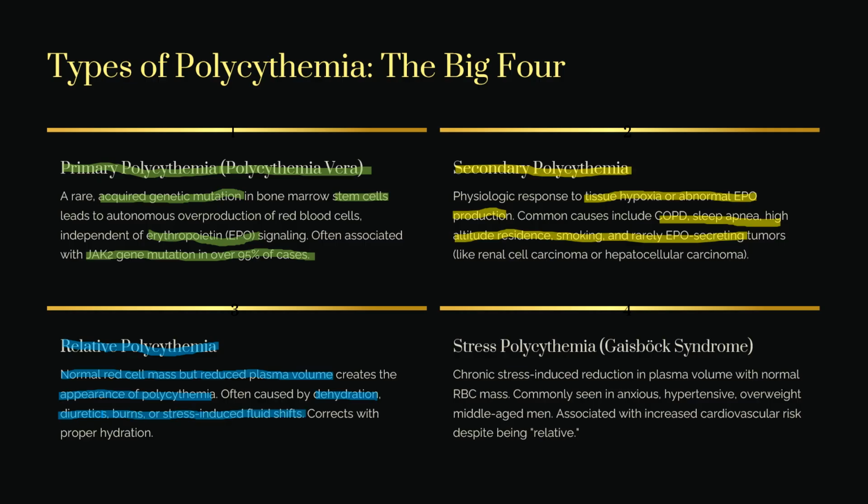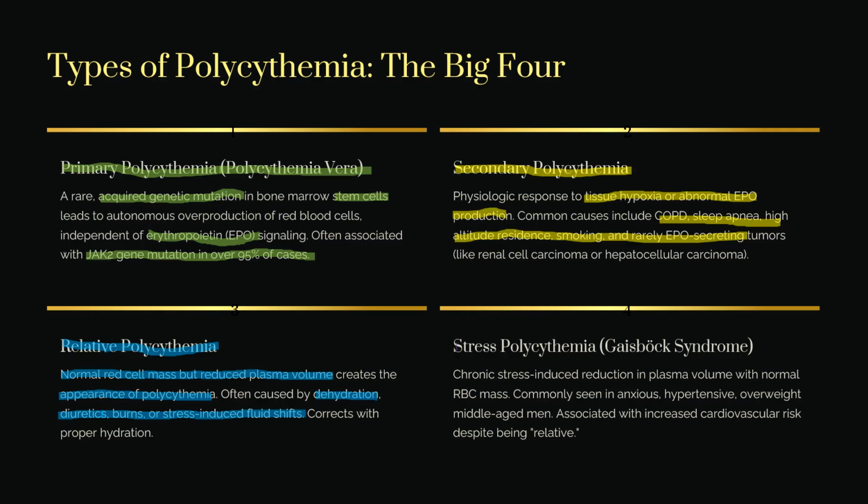When there is less water in the body, plasma volume decreases and the red blood cells are aggregated in such a way that it looks like there is high viscosity and density, and it is called relative polycythemia.